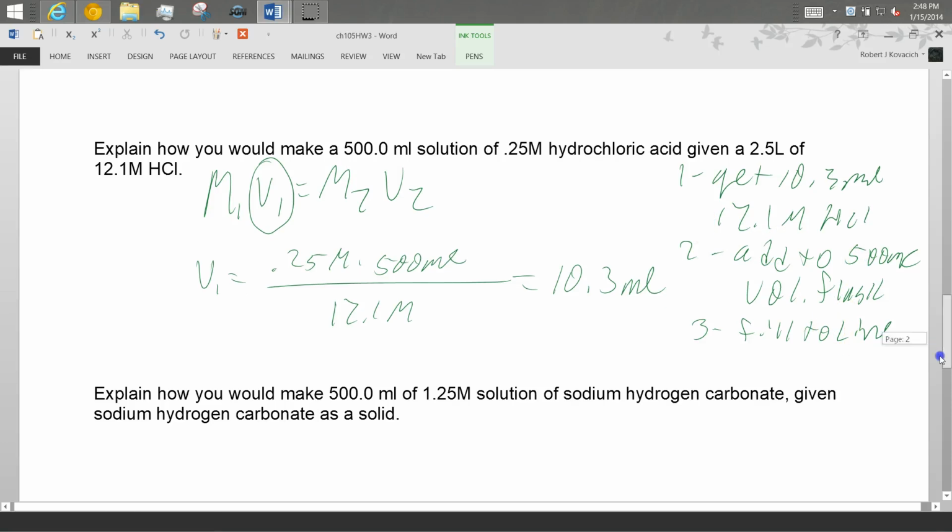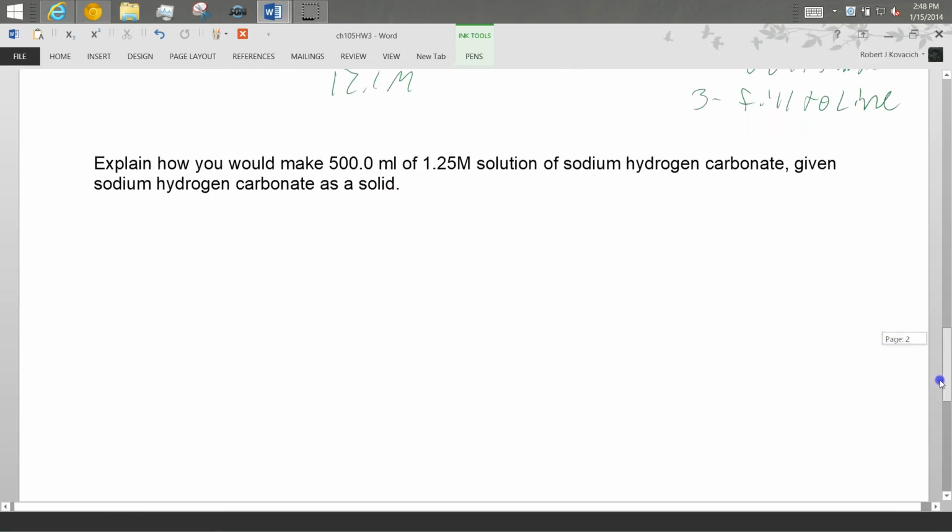How does this next question differ from the previous question? The last question, I started off with a solution, so then I'm using the dilution equation. And this question is starting off with a solid. And so then I'm going to actually have to figure out what the moles and grams per mole are for the sodium hydrogen carbonate.